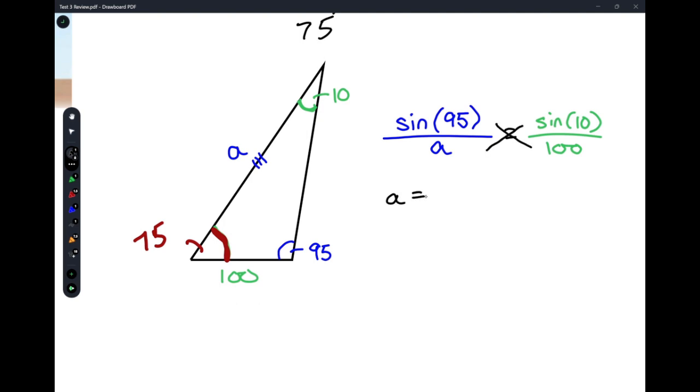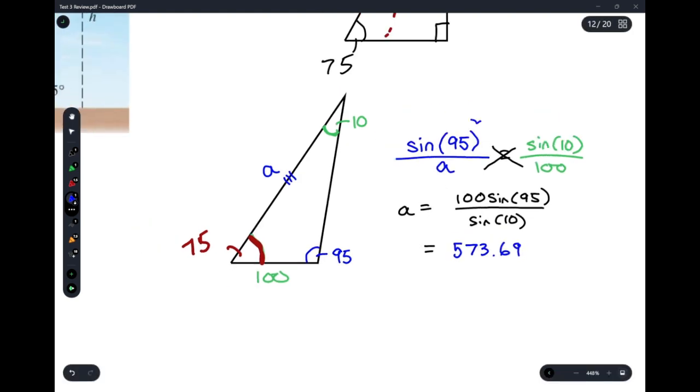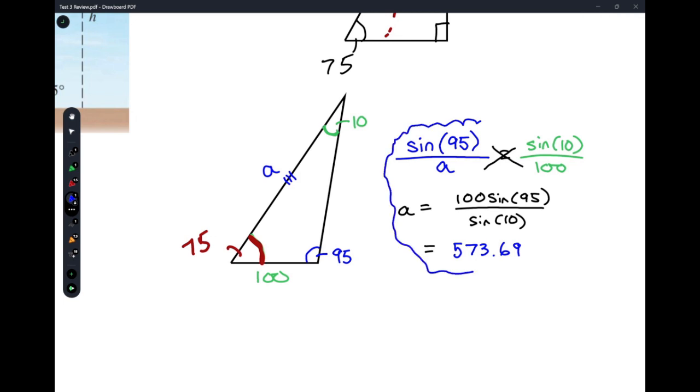You're going to end up with A equals 100 times the sine of 95 divided by the sine of 10. And I got 573.69. That's A.